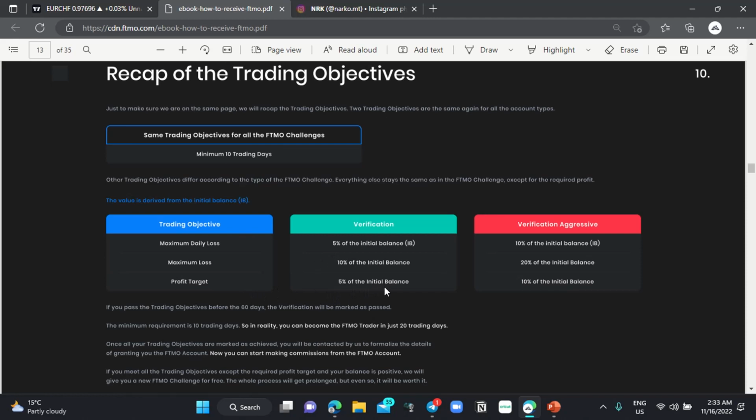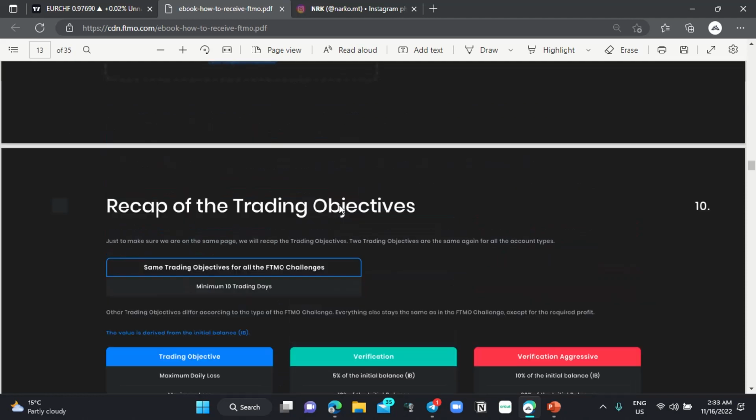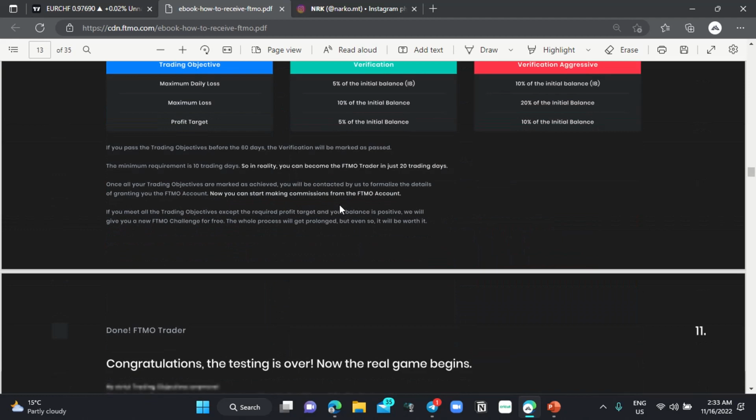So if you bought a 10k USD account, on Phase 2 you're only going to make $500 so you can pass Phase 2 and get a live trading account. Now let's move on and show you guys how you can manage your risk.